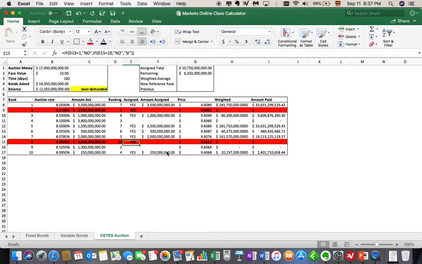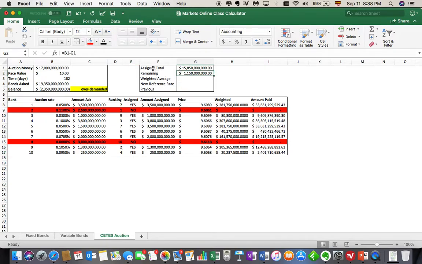Number 3. And do we still have money? Yes, so we're able to assign money to all banks that participated other than the max and the minimum.